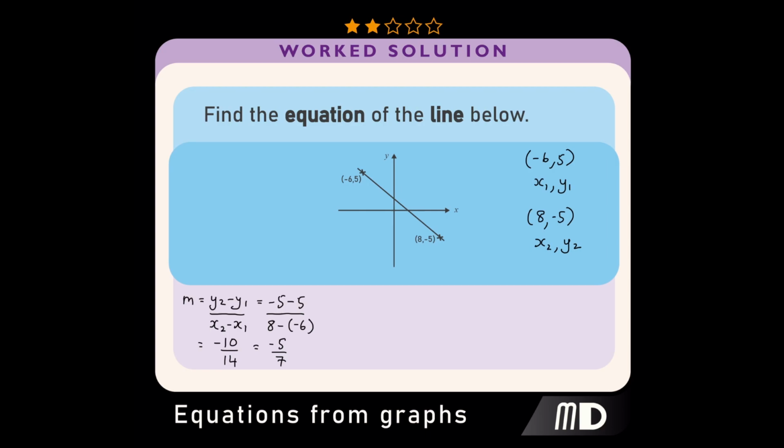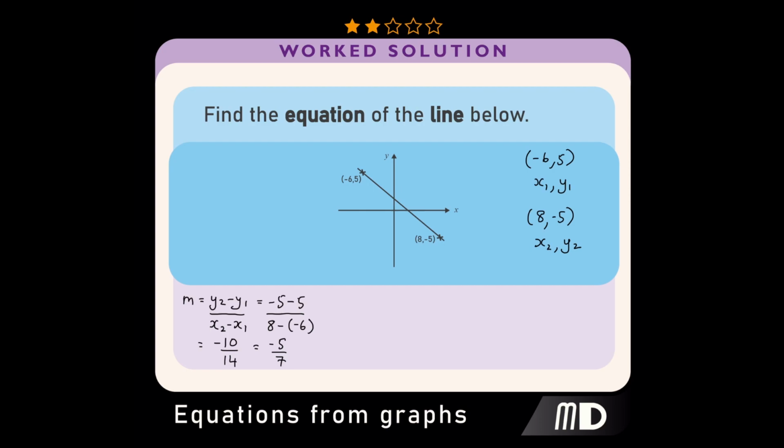Now, if I knew the y-intercept for this line, I could write down the equation of the line using y equals mx plus c. But I don't know the y-intercept. I do know coordinates that are on that line and the gradient.